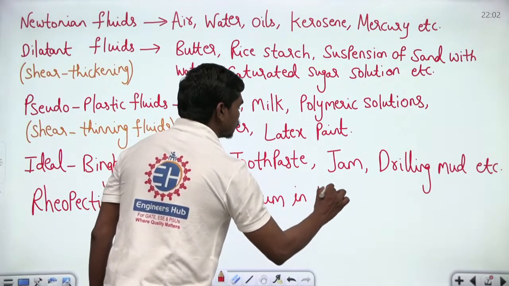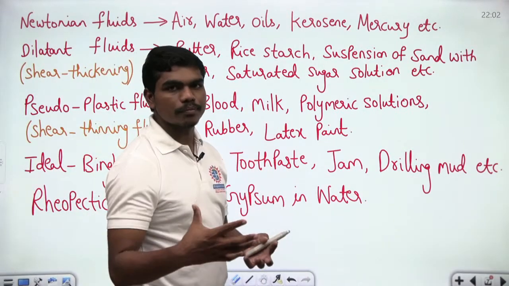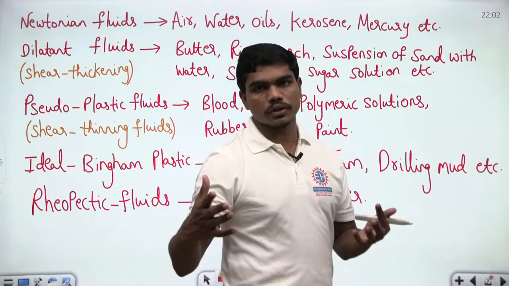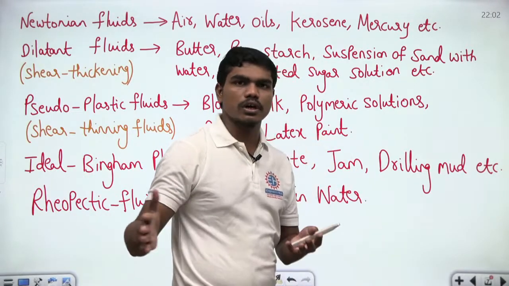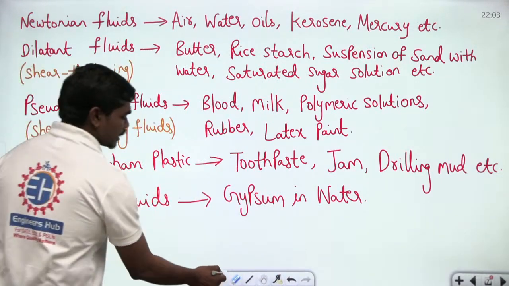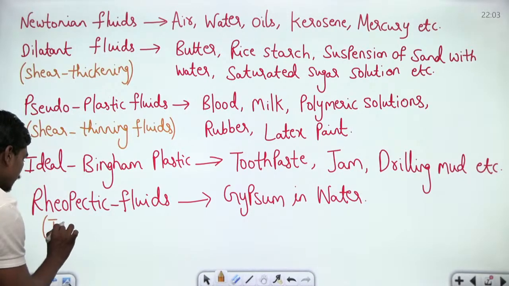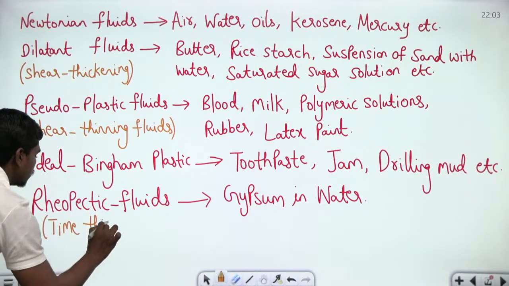When you suspend some cement in water, after some time it gets dried up, meaning it gets thickened, and the viscosity of the fluid or semi-solid keeps on increasing, correct? So this is time dependent, and this is also called time thickening in general. Time thickening means as time increases, the fluid gets thickened.